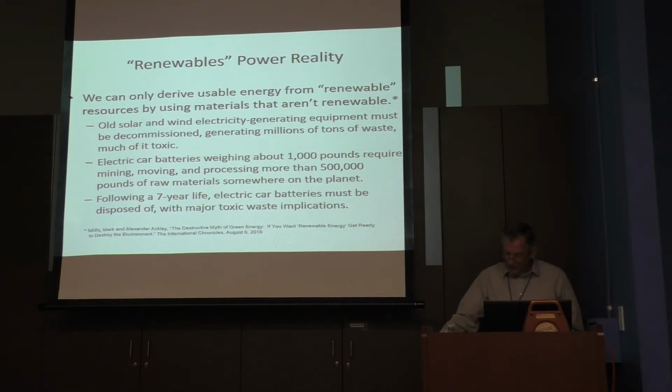Electric car batteries require mining, moving, and processing more than 500,000 pounds of raw materials from somewhere on the planet. And following a 7-year life, electric car batteries have to be disposed of with major toxic waste implications. Most life cycle waste from using renewable energy resources to generate electricity cannot be recycled.